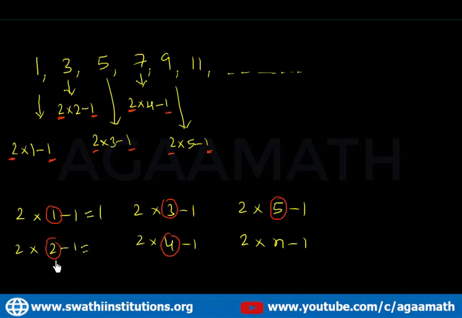2 times 1 minus 1 is nothing but 1. 2 times 2 minus 1 is 3. 2 times 3, 6 minus 1 is 5. This is 7. This is 9. So 2 times n minus 1 is nothing but 2n minus 1.